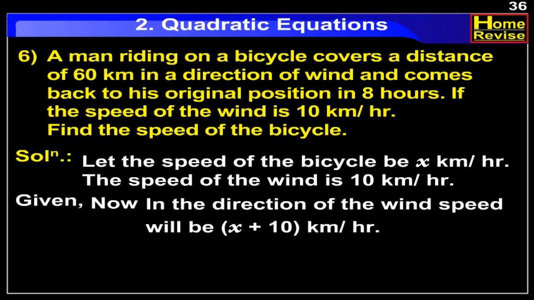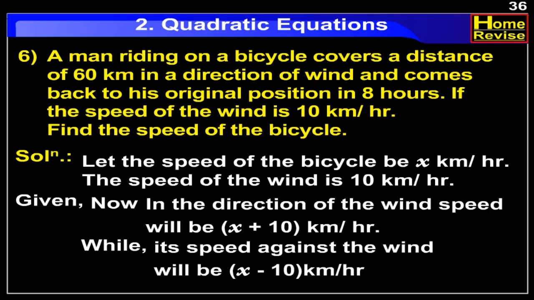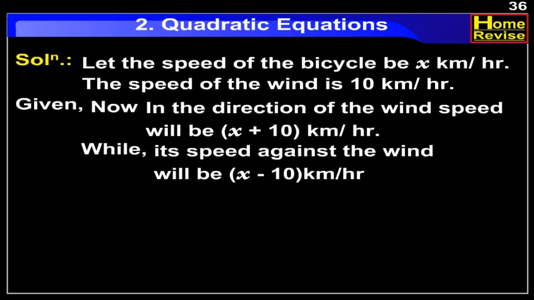Now, in the direction of the wind, speed will be x plus 10 kilometers per hour, while its speed against the wind will be x minus 10 kilometers per hour.